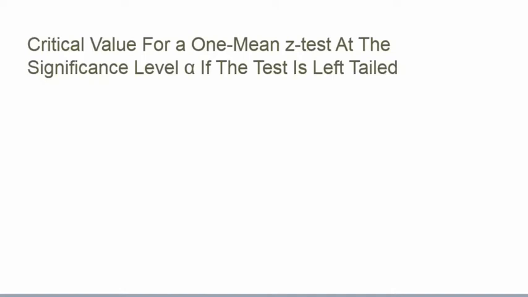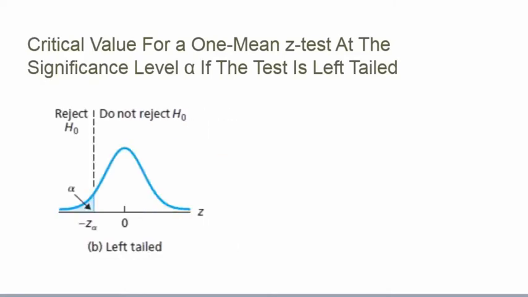Critical value for a one mean z-test at the significance level alpha if the test is left-tailed. For a left-tailed test, we are given alpha, we find our negative z-score, our rejection region is to the left of that critical value, and do not reject is to the right.